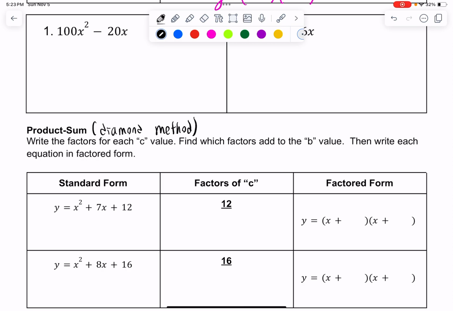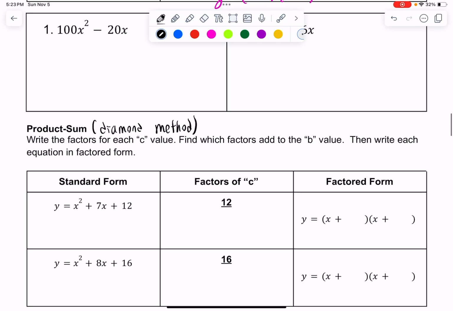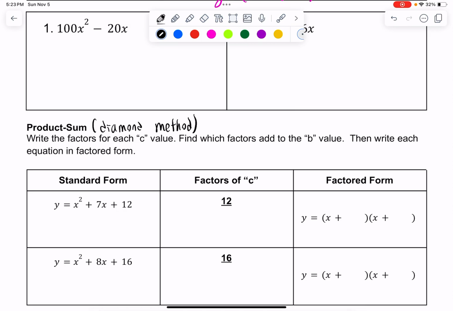Now, you can do it in multiple different ways, but where I usually like to see the diamond method is by looking at my last value. Remember we have our standard form, which is y is equal to ax squared plus bx plus c. Our c value here is 12 and our b value is 7.